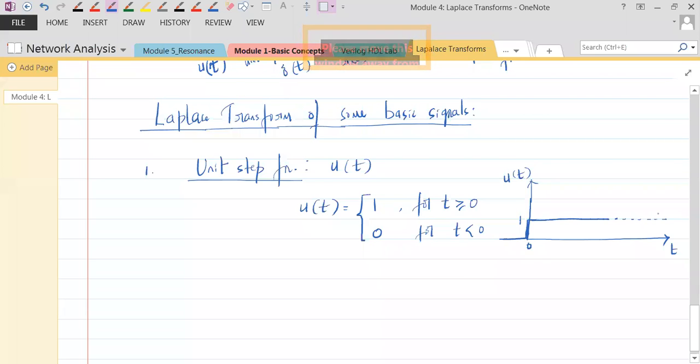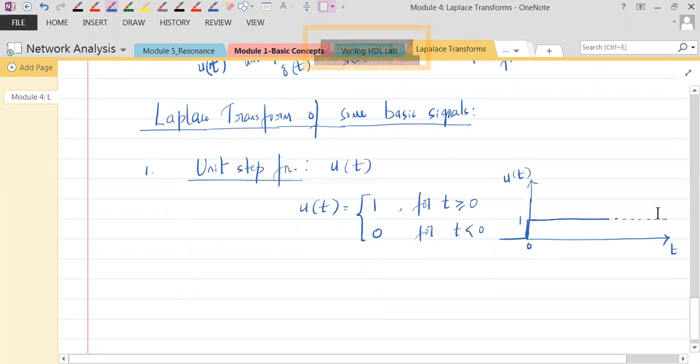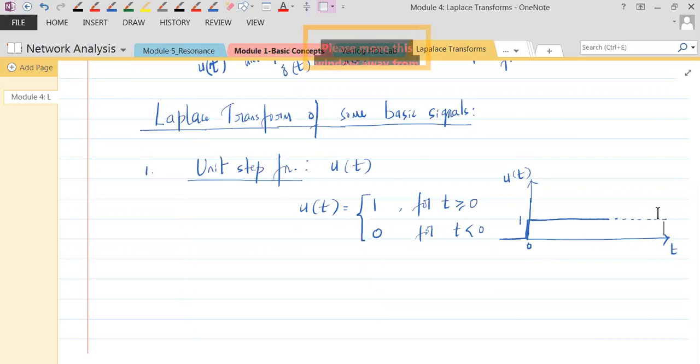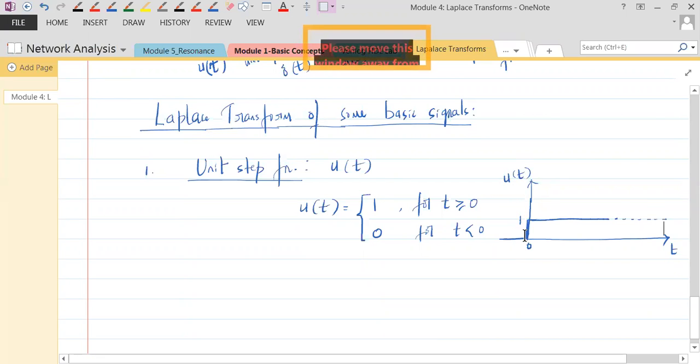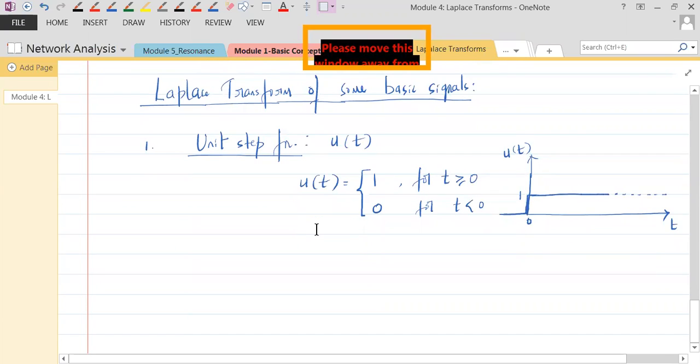So what is the Laplace transform of such a signal, which is 1 for t greater than or equal to 0 and 0 for t less than 0? That is the question. We have to take X of s.